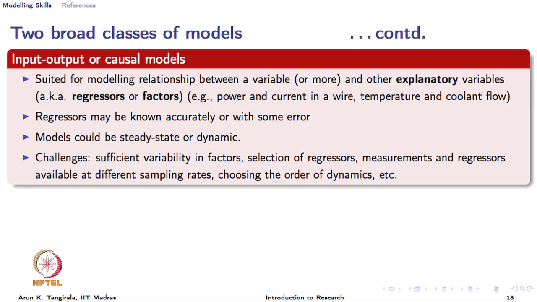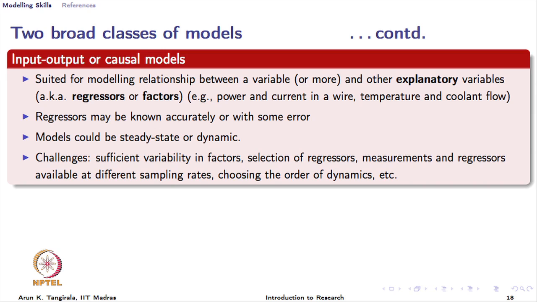What should be the level of excitation and so on? Or, in multivariate regression, there may be several factors affecting the variable of interest, then which set of variables should I factor in? And there are also situations where the measurements and regressors are available at different sampling rates and so on.